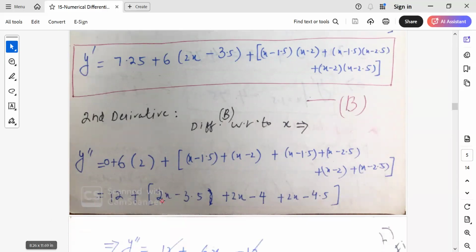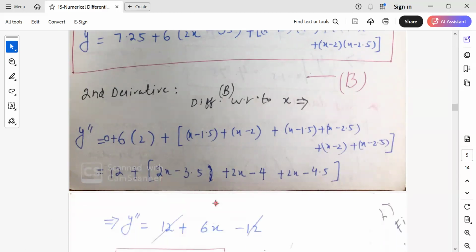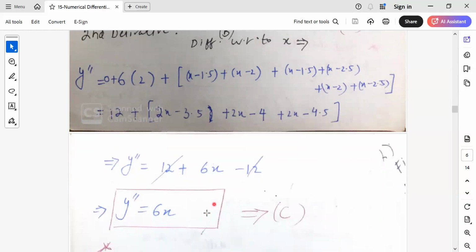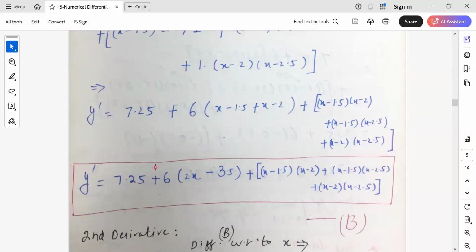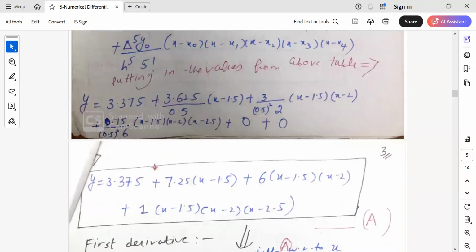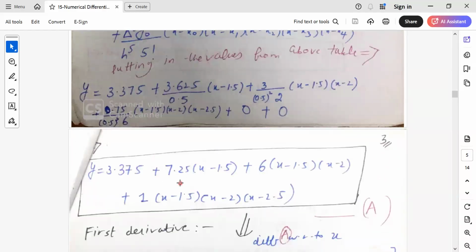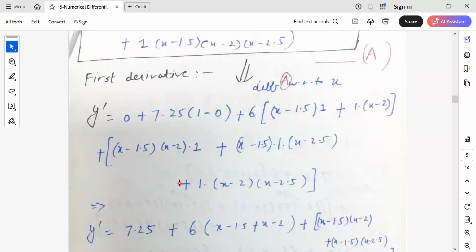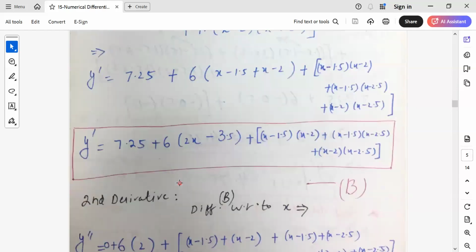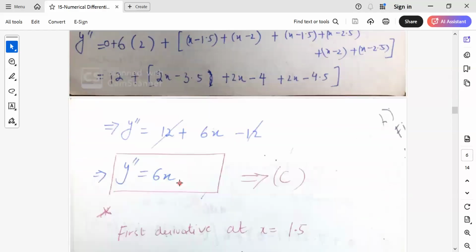So this is 2x minus 3.5, and in the end, you will get the double derivative equal to 6x. The original polynomial was of degree 3. After differentiating, it becomes a quadratic polynomial, and after double differentiation, you will get a polynomial of degree 1.